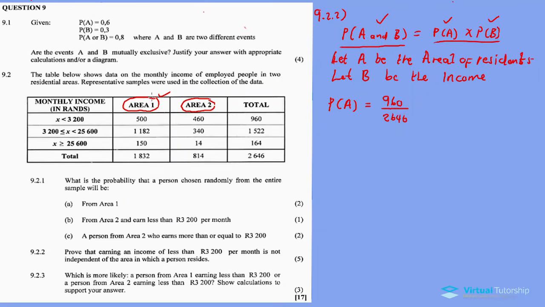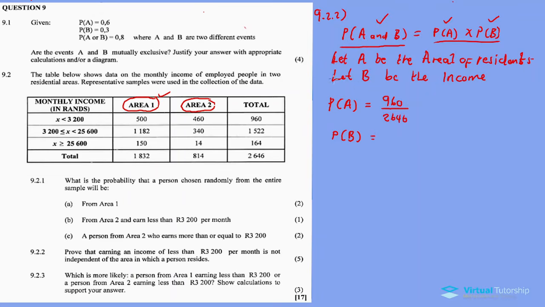I know we are focusing on area 1, but out of the total sample there are other people in area 2 who are earning less than 3,200. So we include another for event A. Let A be the area 1 of residence, and let B represent the income.